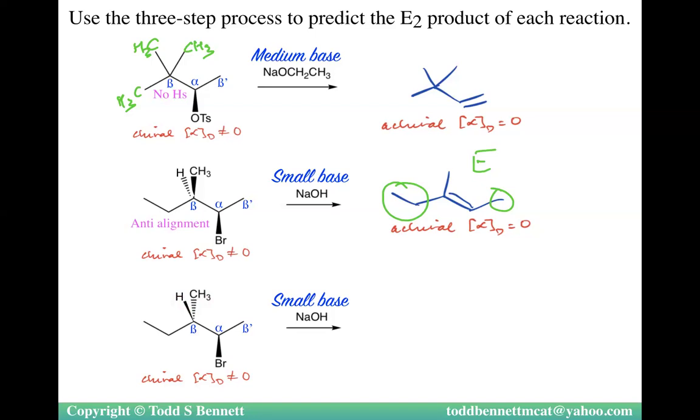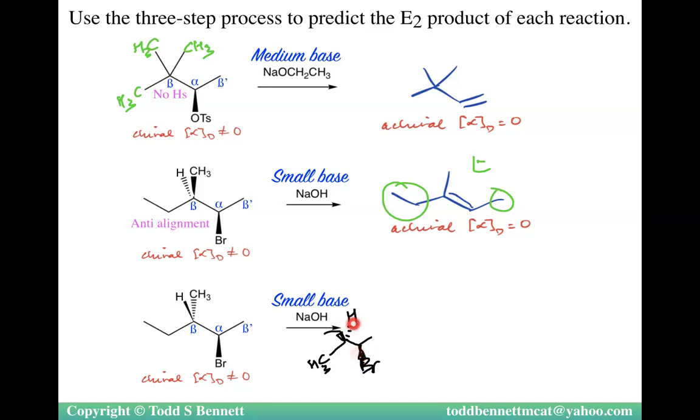So the molecule is going to have to turn. I do apologize, I'm going to have to write it really small, in the way where my product's going to be. The Br is going to be there. I'm going to leave the Br in the same spot. And then over here, I have to rotate the H there, which means the CH3 is going to be here. And the ethyl group, this group right here, has rotated up into the H spot.